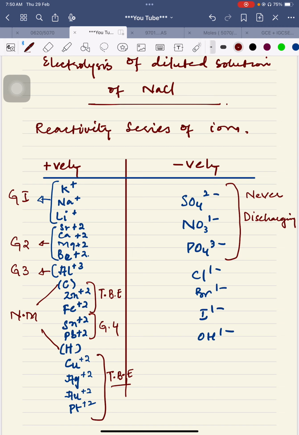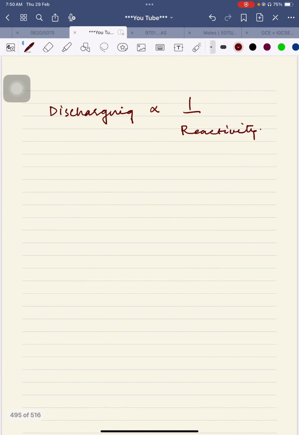I am repeating my words regarding discharging. Discharging is the process in which the ions are attracted towards the oppositely charged electrode, and then they perform a chemical reaction there. So, for example, if we have two positively charged ions and two negatively charged ions, there will be a competition between the two positively charged ions, and there will be a competition between the two negatively charged ions.